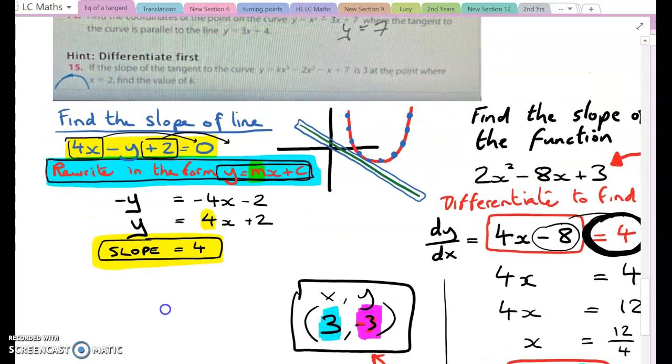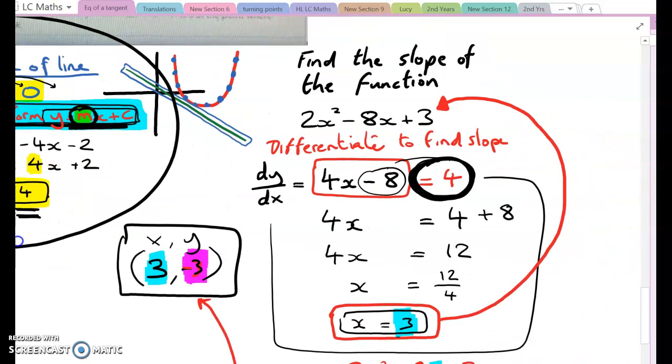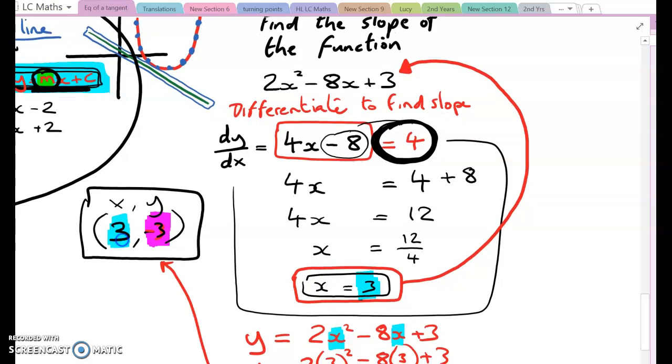How did we do it? We got the slope of the line. It worked out as 4. How did we do that? By rewriting it in the form y equals mx plus c, and the slope will always be the number in front of the x. And then we used that information in our function. We got our function, we differentiated it, we put it equal to the slope.